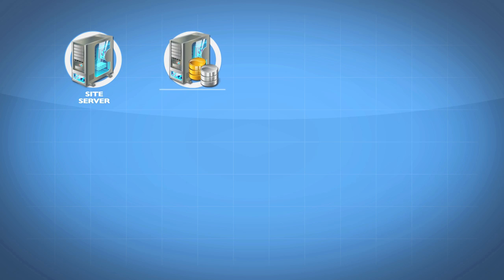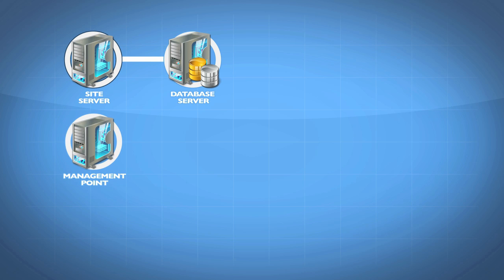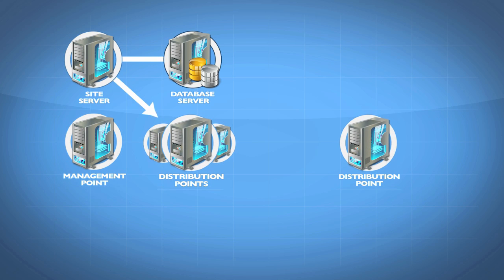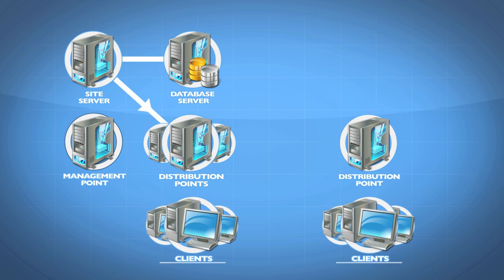Remember that in our main office we have our primary site server and we have the primary database. Now, associated with that are going to be our management points, and we may have several distribution points. The distribution points are where the clients do their heavy lifting, right?